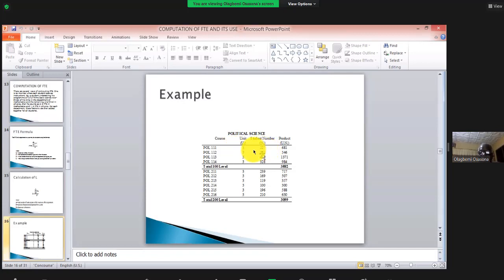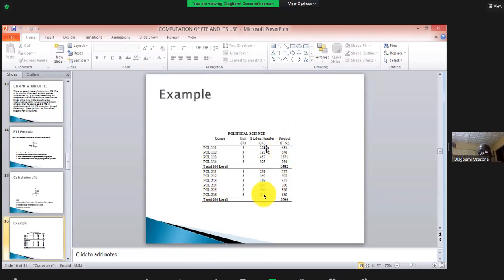You multiply the 3 units by 227 and you get 681. You do this for each of those courses. You multiply the units by the number of students that registered for that course, whether they are from the department or from outside the department. All students registered for that course. Then you get the product.